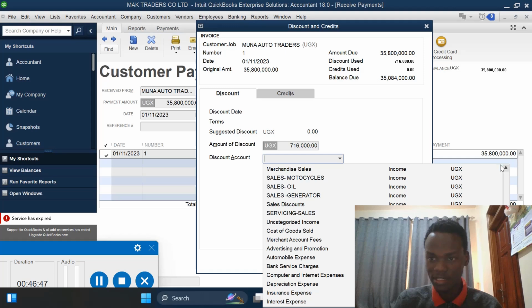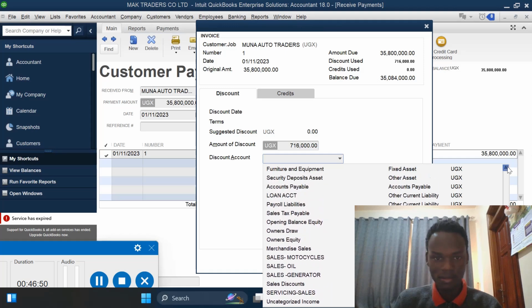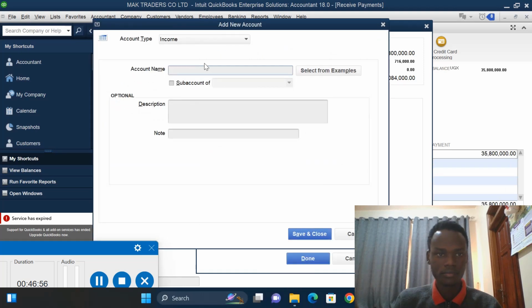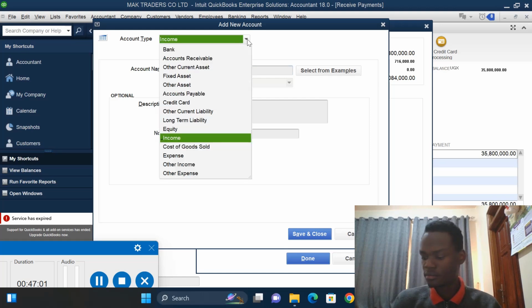So we shall create a discount allowed account. It's an expense to us, to the business.